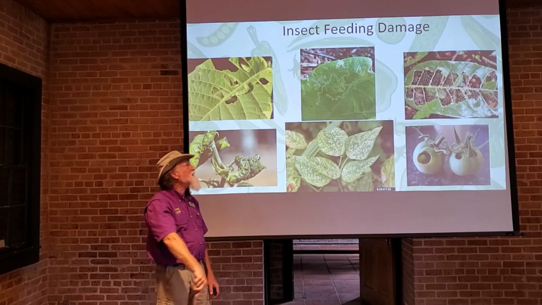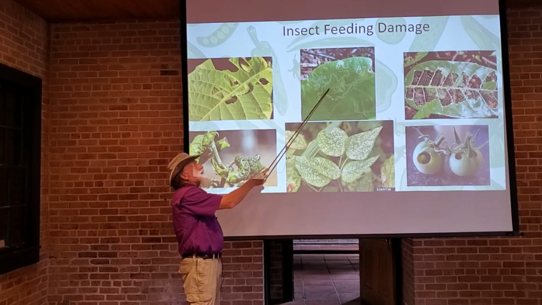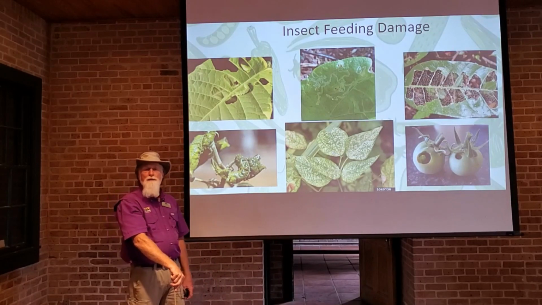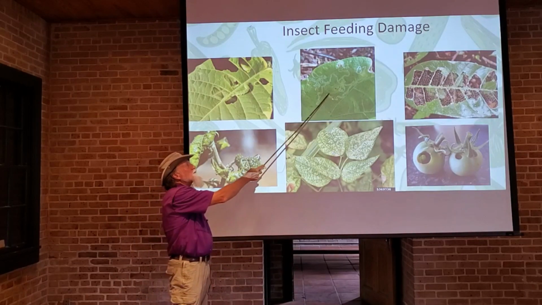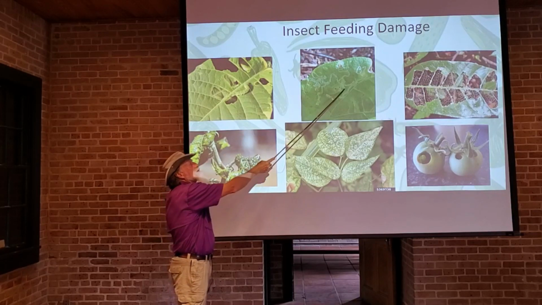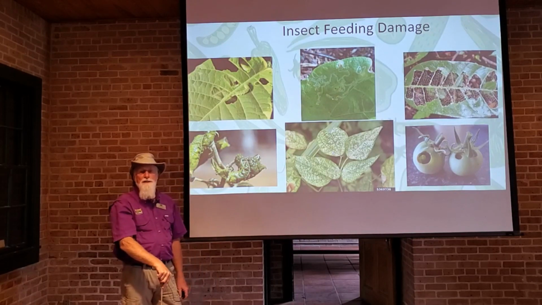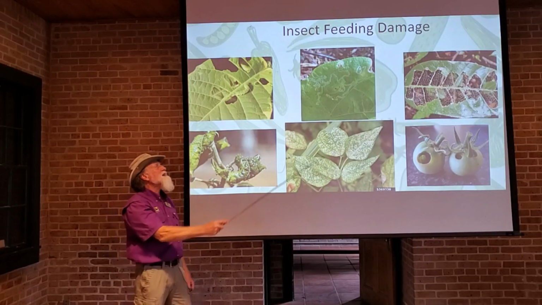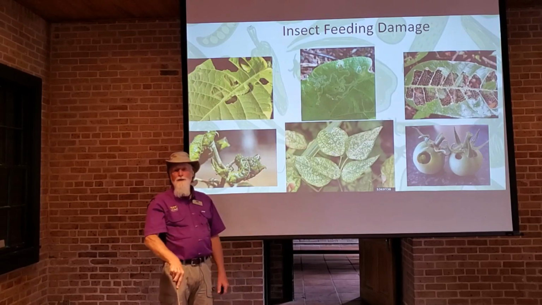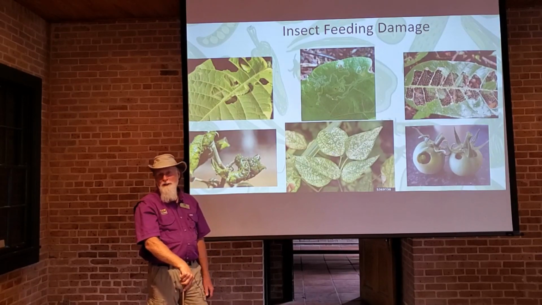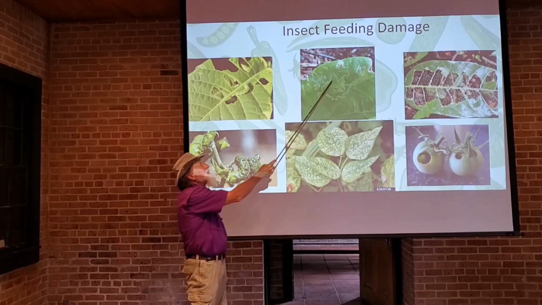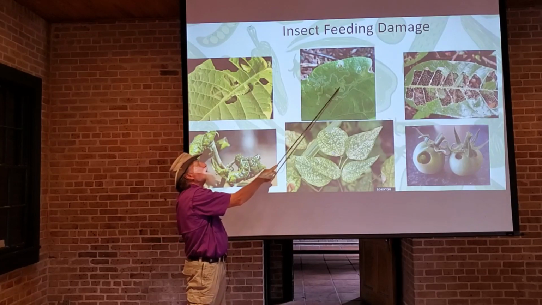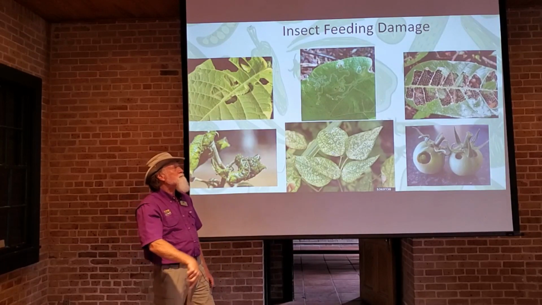If you remember from your botany class, the upper surface of the leaf, the lower surface of the leaf, and the interlaminar cells, well, that is where the leaf miner lives, between the upper epidermis and lower epidermis. And it moves around in there, and it's actually quite well protected from predators and from anything you try to do to get rid of it. But these silvery looking trails that just meander through the leaf, that's leaf miner damage.